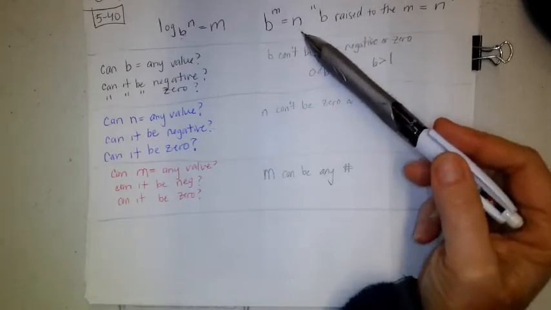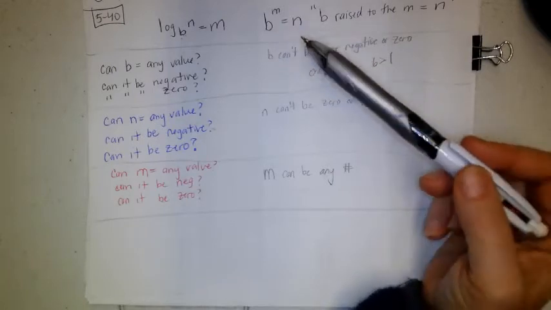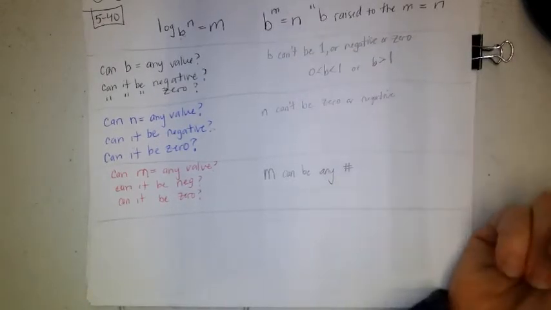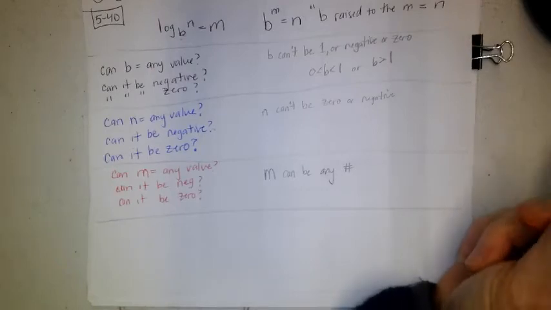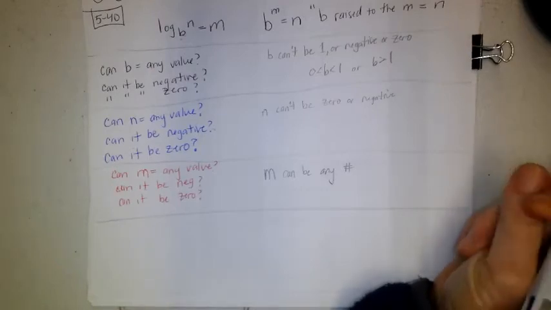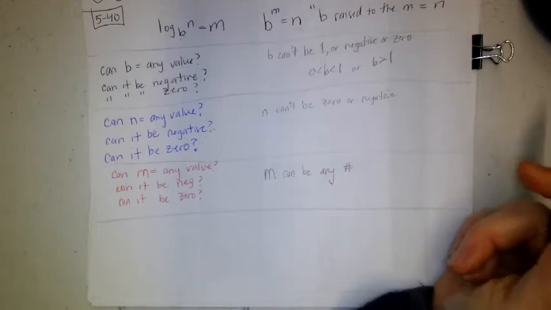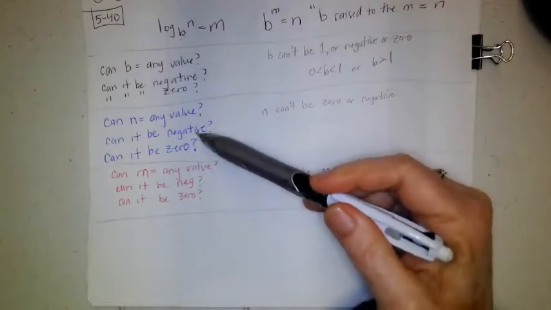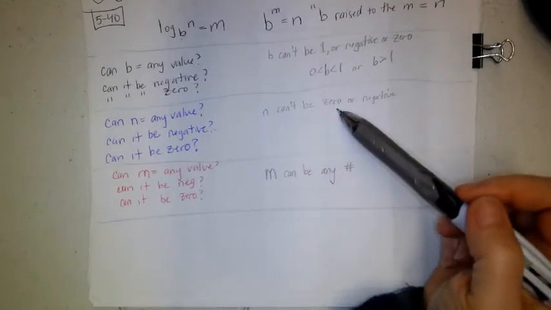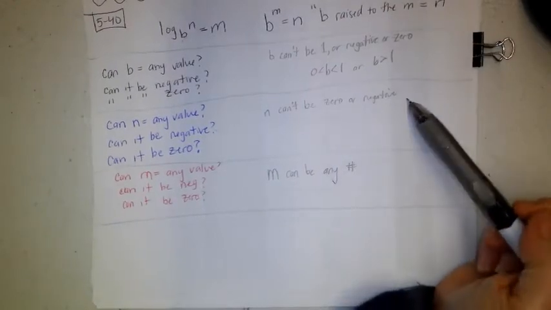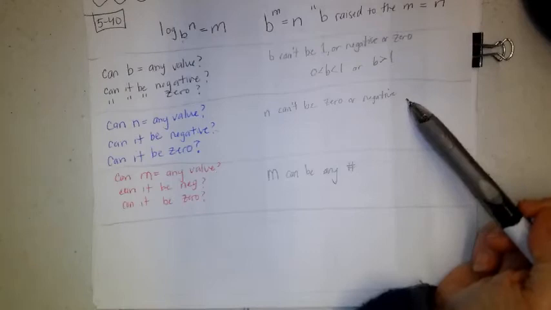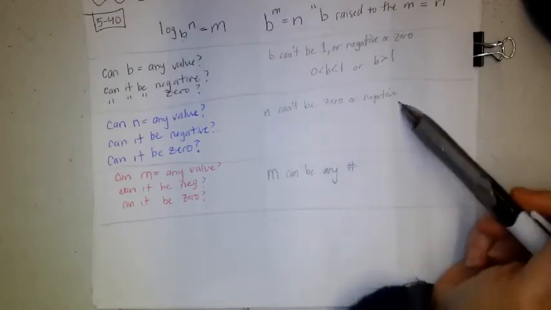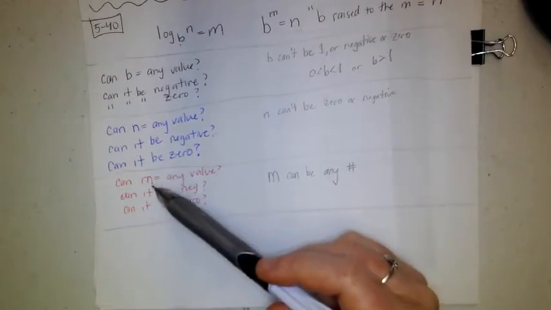Even if you raised a number to a negative power, you're not going to get a negative answer. So n can't be 0, because when you raise something to a power, you're not going to end up with 0, and it can't be negative.